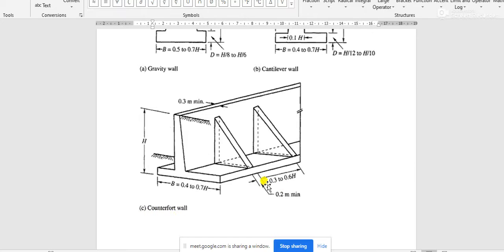One provision is the thickness of this slab, a minimum of 0.2 meter, and the gap between each two slabs should be 0.3 h to 0.6 h, where h is the total height of the retaining wall. In case of a buttressed retaining wall, the proportion is similar, only the triangular slabs are at the front side of the retaining wall.